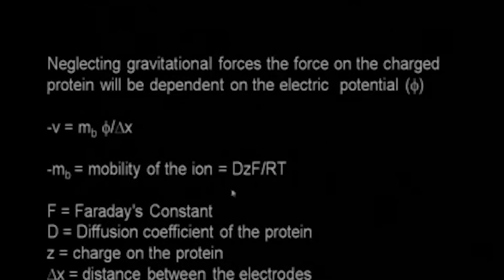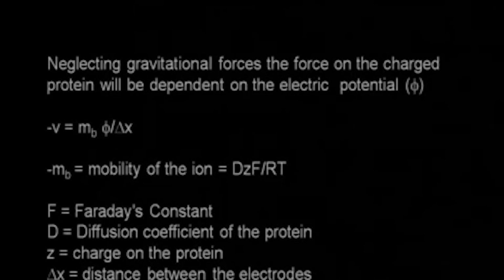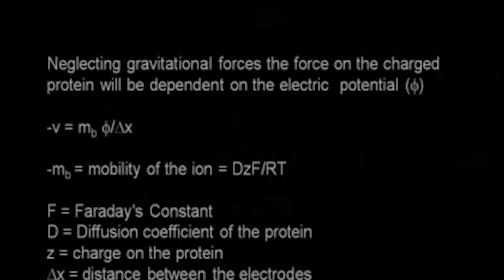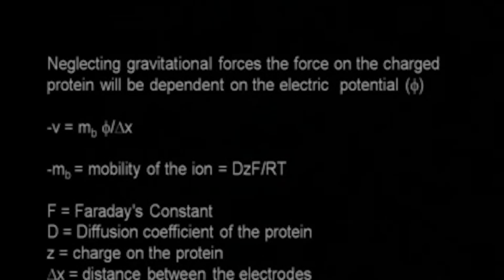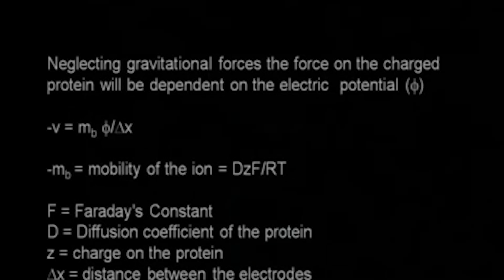But of course you have something called the diffusion coefficient. If the diffusion coefficients are different between the proteins, then that will also affect their mobility. So not only the charge on the protein is important, but also the diffusion coefficient. Sometimes if you have a very large protein, the diffusion coefficient may be very poor, then the movement will be retarded, that means it will be moving much more slowly.